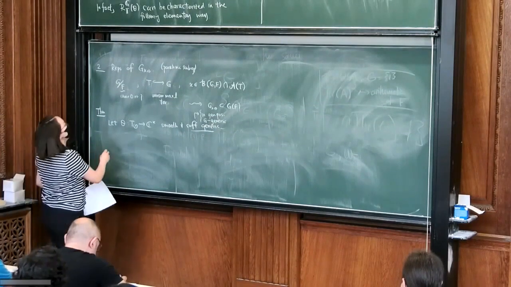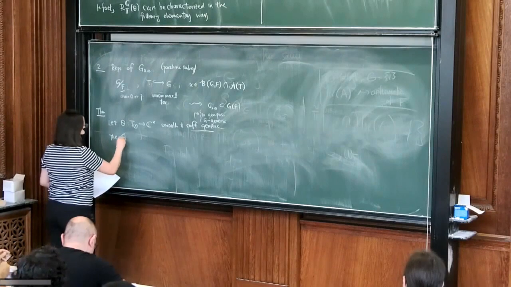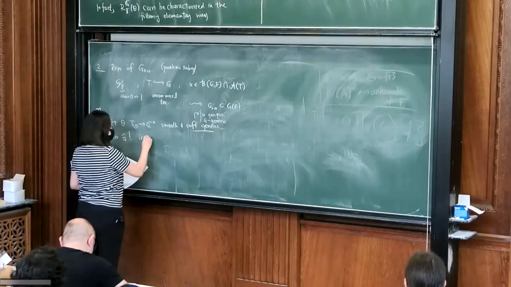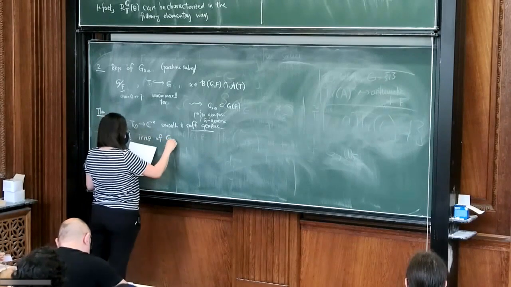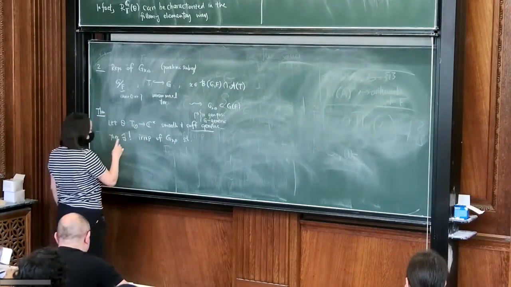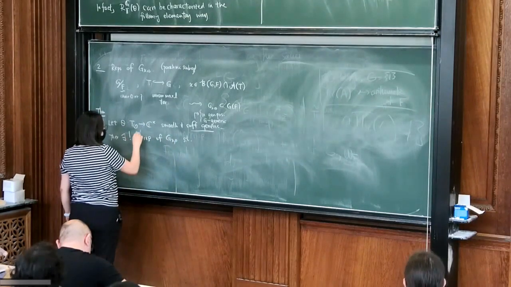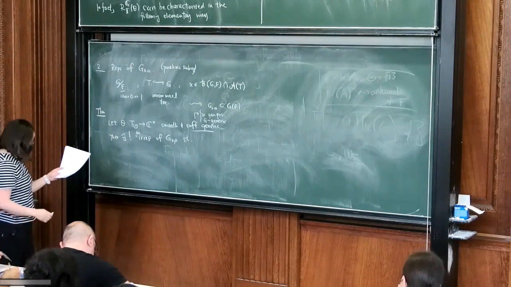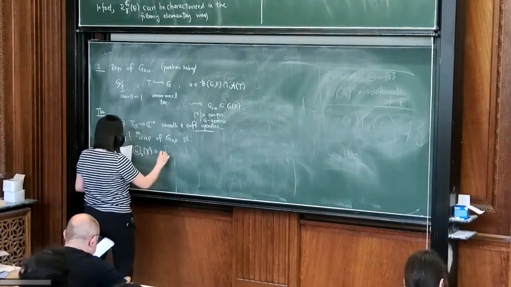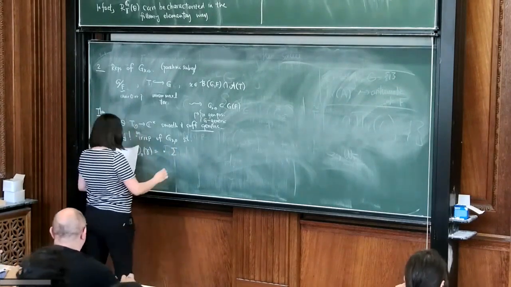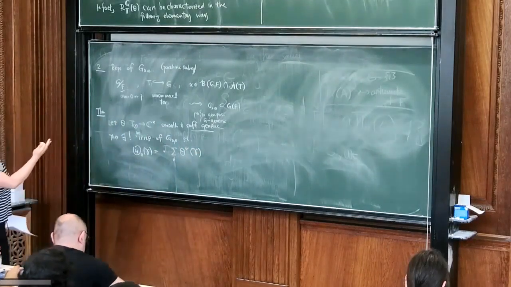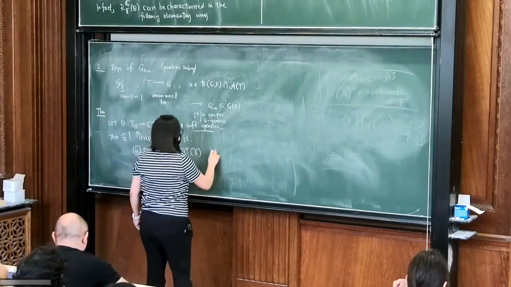Then there exists a unique irreducible representation pi of G_x^0, such that, I guess I should probably say smooth here, but okay, such that the character of this is, again up to a sign, given by exactly the same formula as above for all gamma.